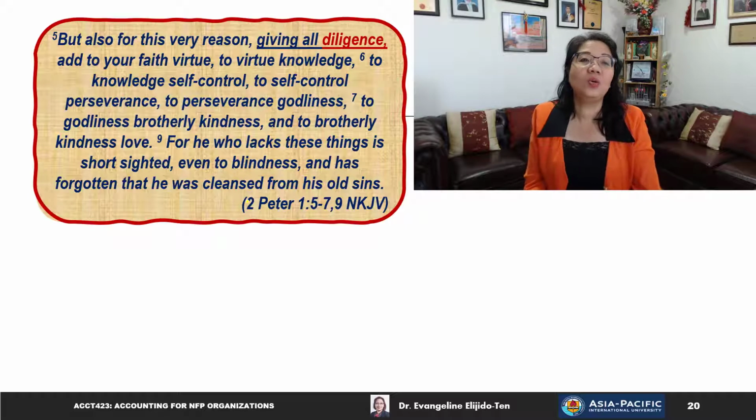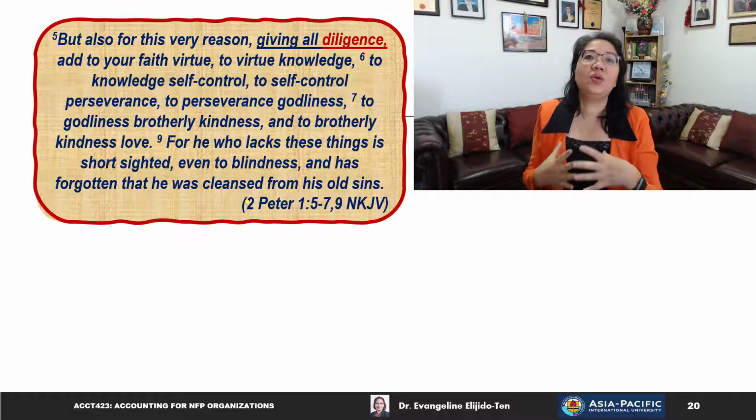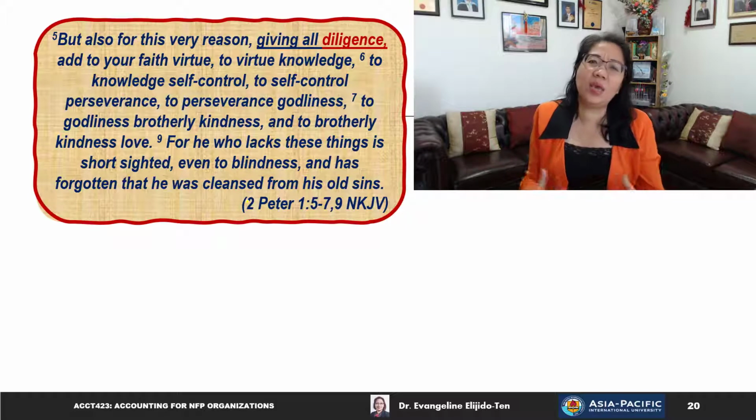For he who lacks these things is short-sighted, even to blindness, and has forgotten that he was cleansed from his old sins."